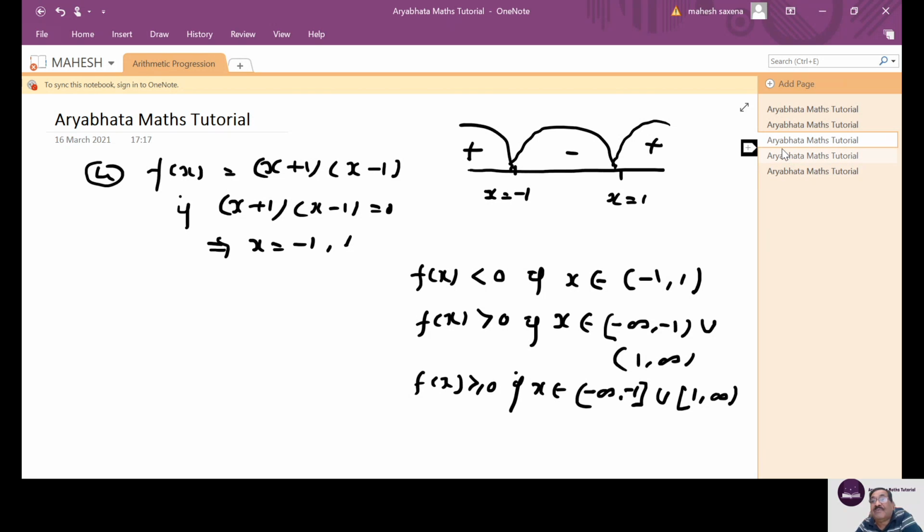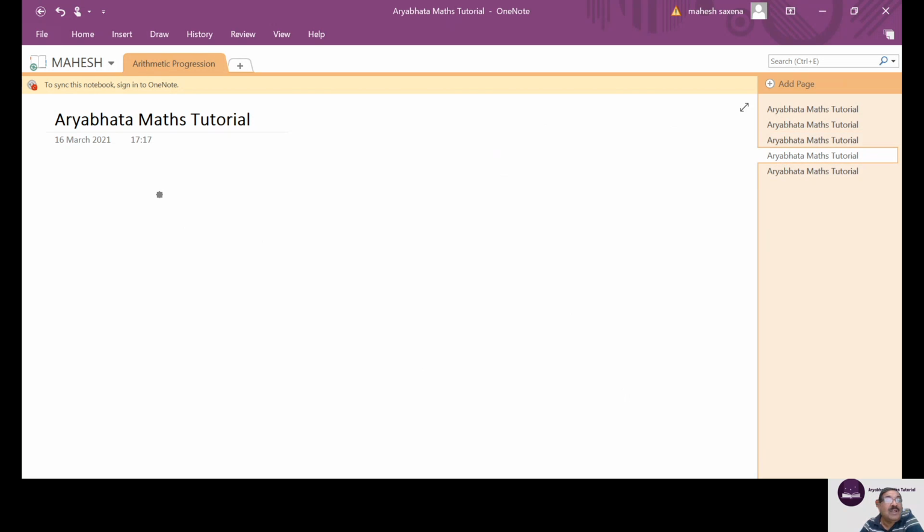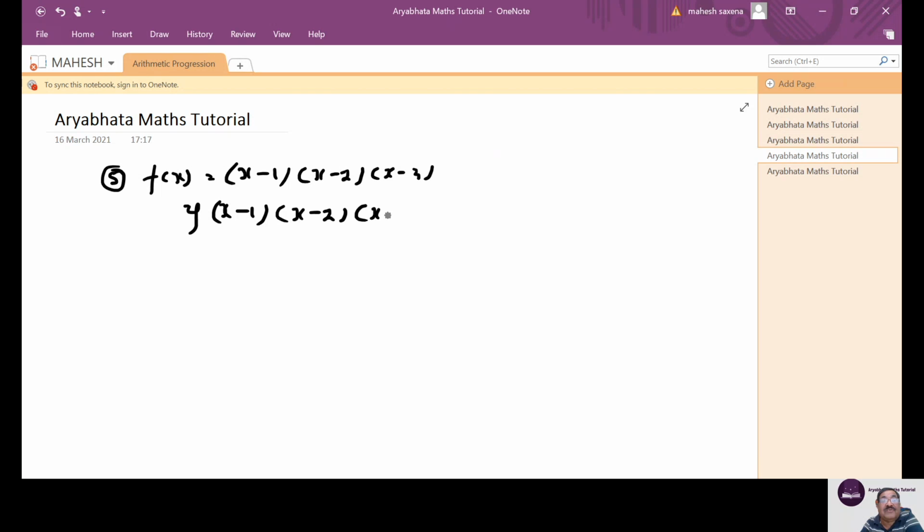Now I am taking the fifth example. Suppose f(x) here is (x minus 1)(x minus 2)(x minus 3). If (x minus 1)(x minus 2)(x minus 3) is 0, it implies that x equals 1, 2, 3.